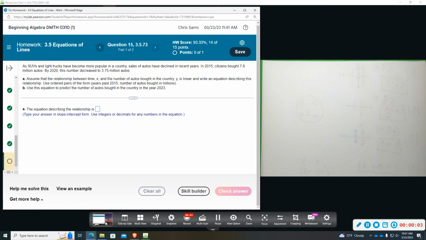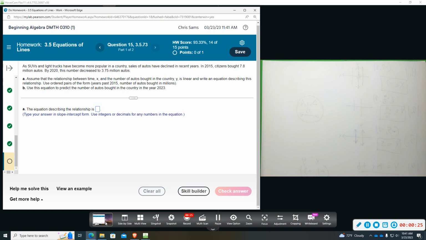All right, number 15, this is the last question. We have two parts. It says, as SUVs and light trucks have become more popular in a country, sales of autos have declined in recent years. In 2015, citizens bought 7.8 million autos. By 2020, the number had decreased to 3.75 million autos.